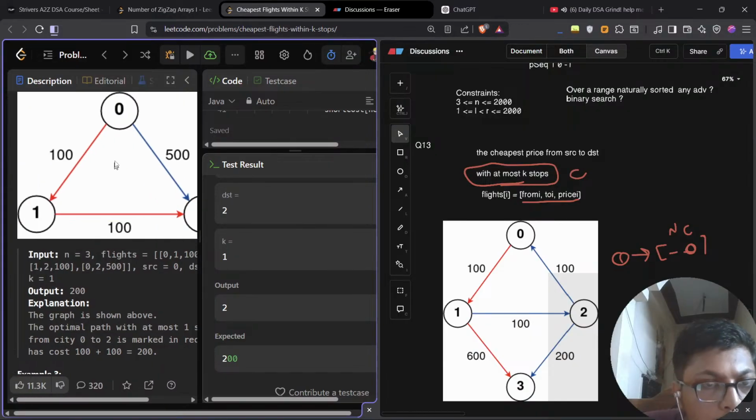Because if it sees the paths, then it is actually counting them, if I'm not wrong.